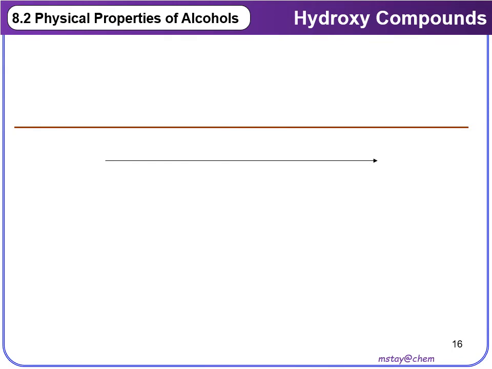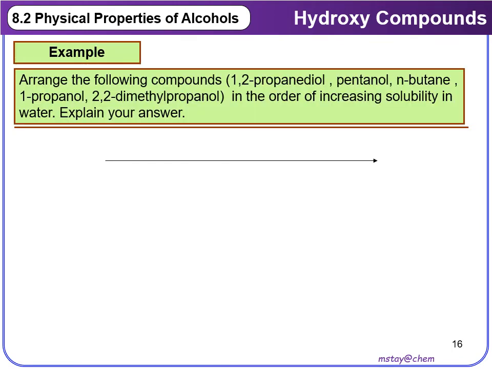So now let's look at one example. We have to arrange 1,2-propanediol, pentanol. So propanediol: 3 carbon, 2 hydroxyl groups. Pentanol: 5 carbon and 1 hydroxyl group.